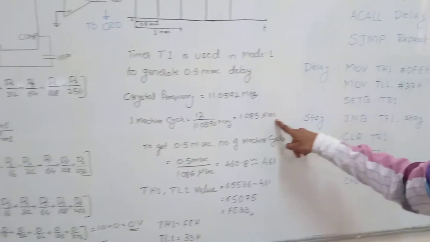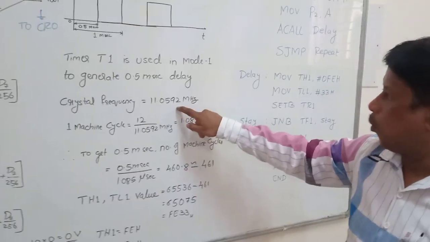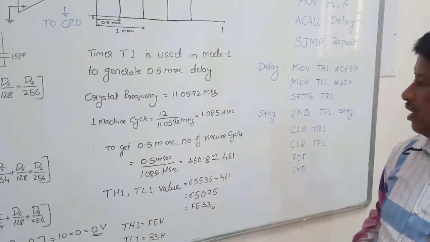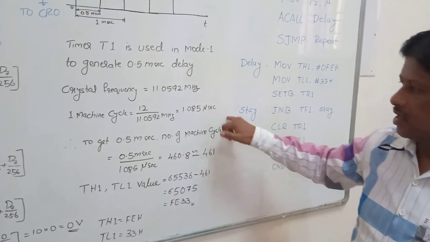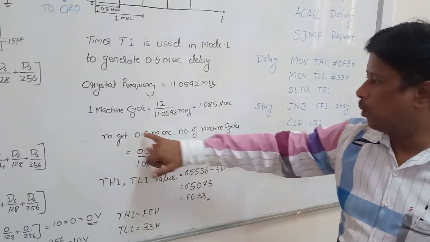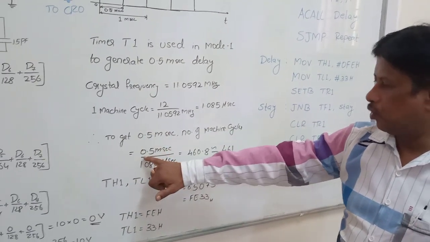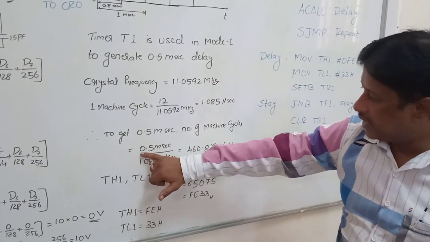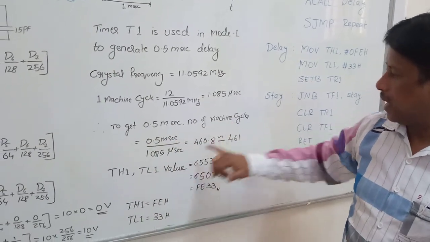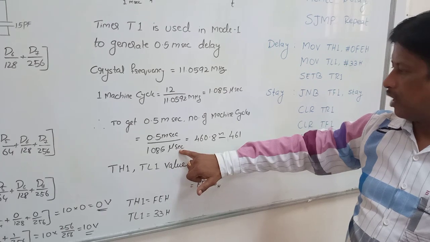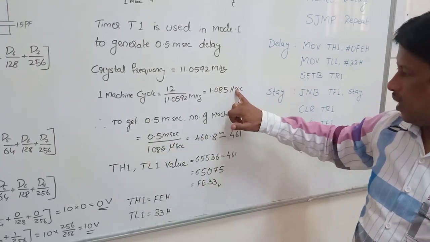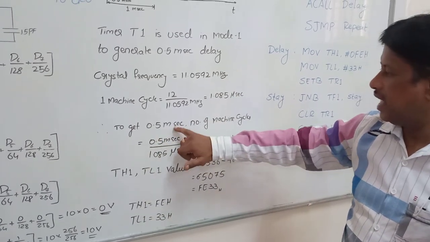So one machine cycle equals 1.085 microseconds. Since I know the time required for one machine cycle, I want to calculate how many machine cycles are required to get a delay of 0.5 milliseconds. So I divide 0.5 millisecond by 1.085 microseconds. This is the time for one machine cycle, and this is the delay I require.